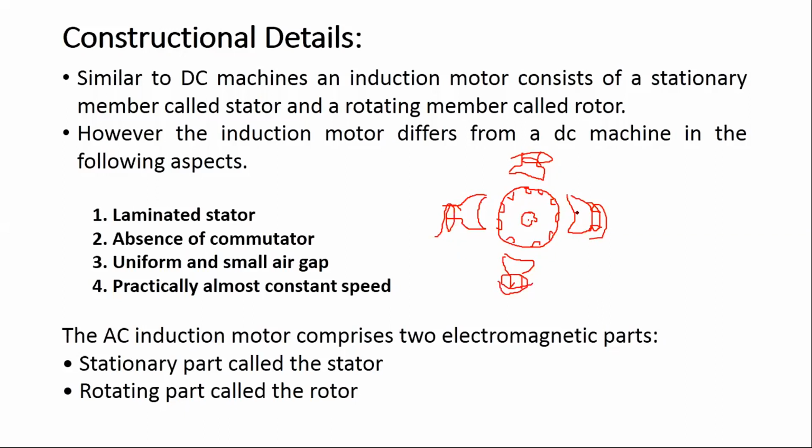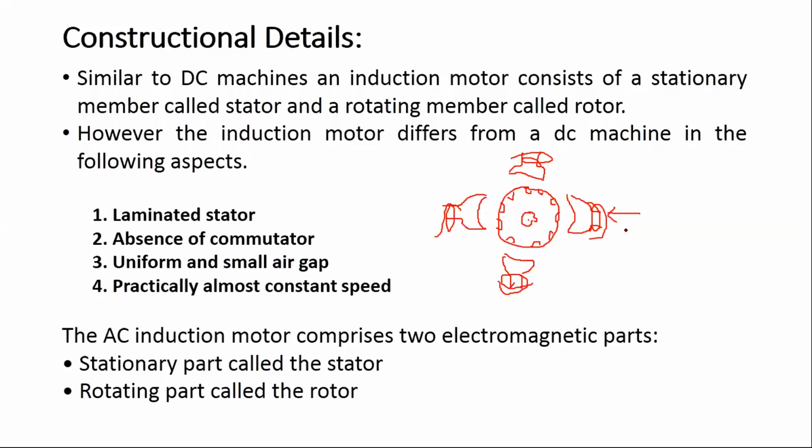So the supply which is provided to the field winding, these are the field windings on the pole shoes, is DC. This DC supply produces a DC flux, meaning static flux. Then we have the armature, a current carrying conductor within the field, and it rotates, right?